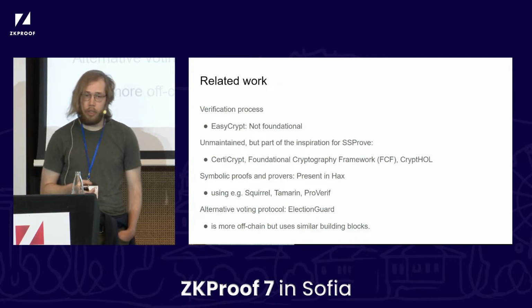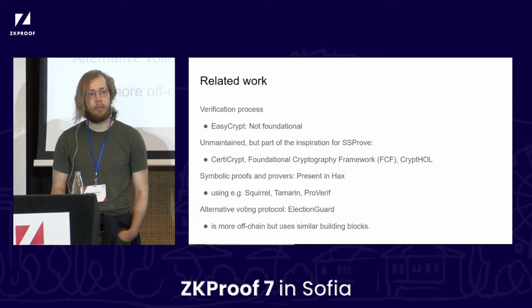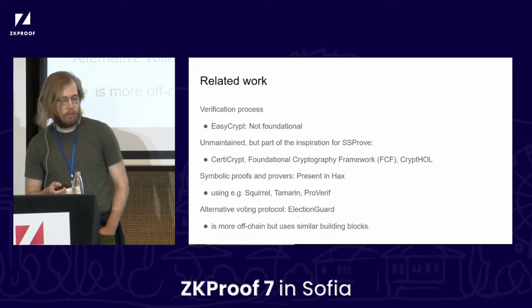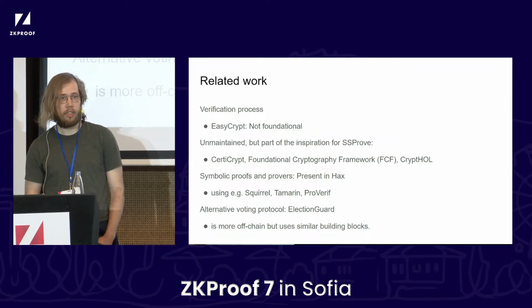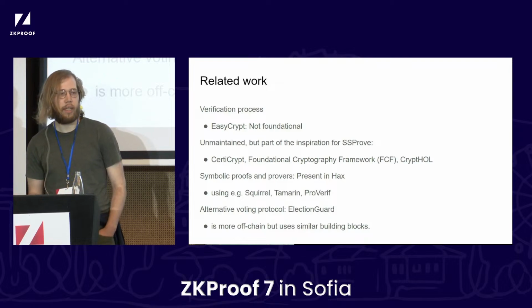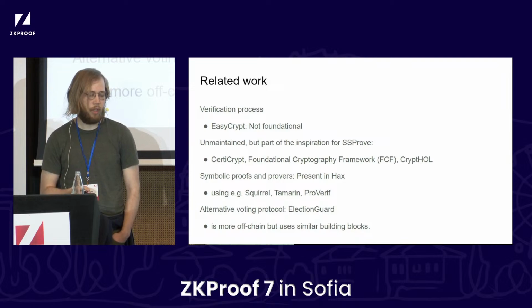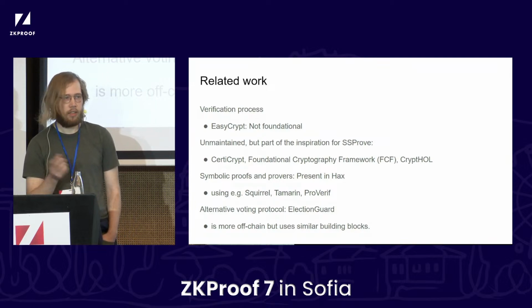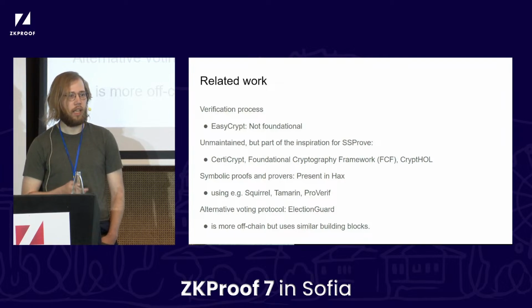There are also some other styles of provers. So there's some symbolic provers instead of computational. One of these is also present as a backend for Hax. So ProVerif is an existing backend for the Hax framework. Squirrel and Tamarin are other symbolic provers, which could possibly also be added to the Hax framework.